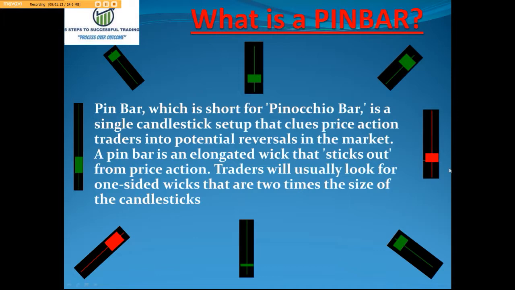Okay, so if you look at this bit here compared to this bit here, it is 2 times. Because it says here, an elongated wick that sticks out from the price. Traders will usually look for one-sided wicks, 2 times the size of the candlestick.